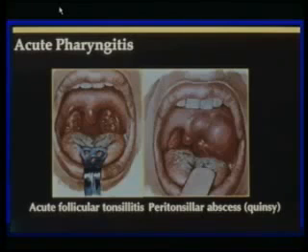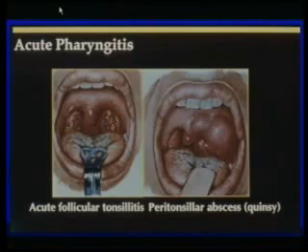This shows streptococcal pharyngitis with acute follicular tonsillitis with pus on their tonsils. This is why when I was little, they used to just kind of line us up, put us in the hospital, and take our tonsils out. You've been spared that. How many of you still have your tonsils?